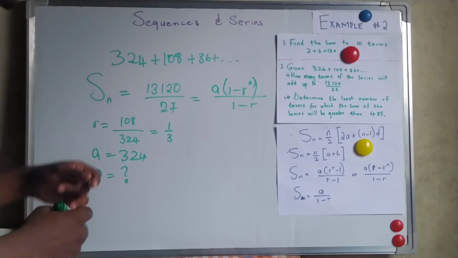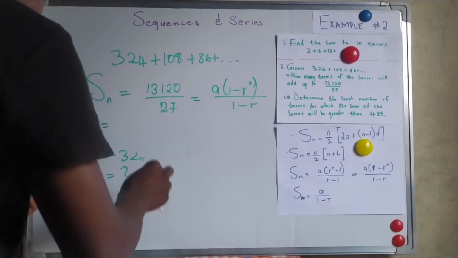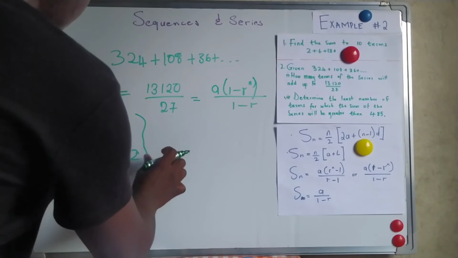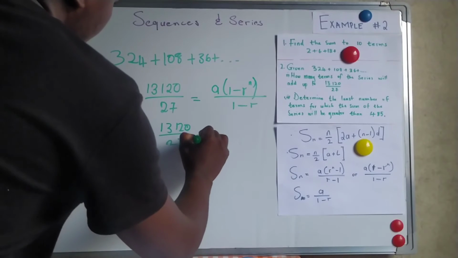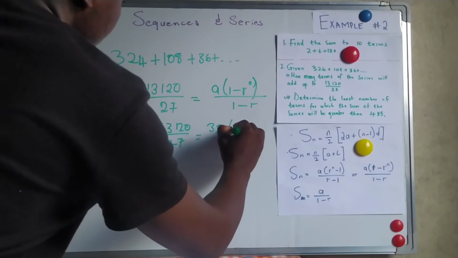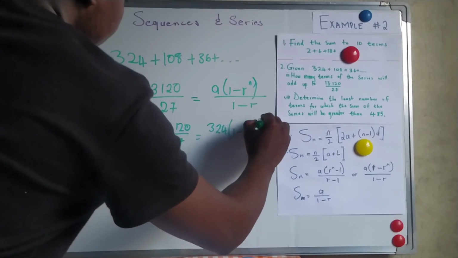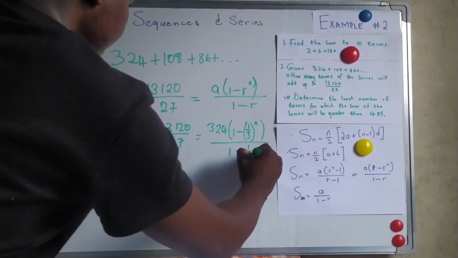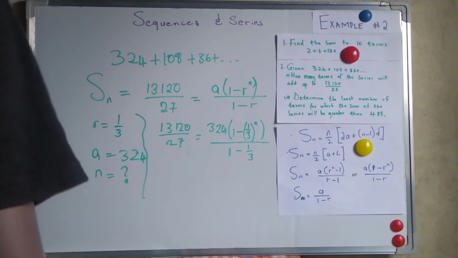Okay, so now we're just going to substitute. Let me make some space here. So this is 1 over 3, and 324. So this number over 27 is equal to 324 times 1 minus 1 over 3 to the exponent n, all over 1 minus 1 over 3. Okay, so we are simply going to be doing manipulation here.